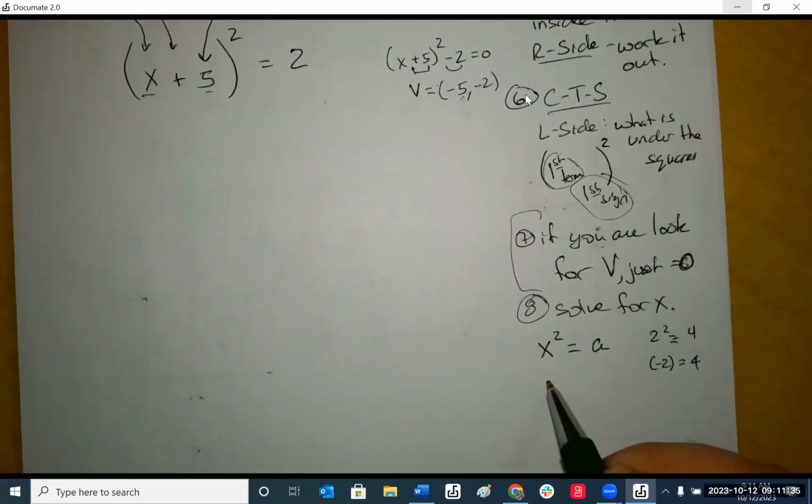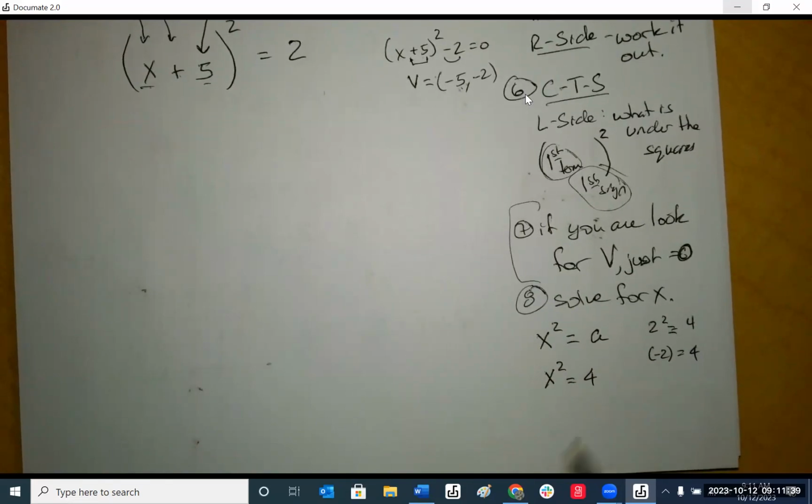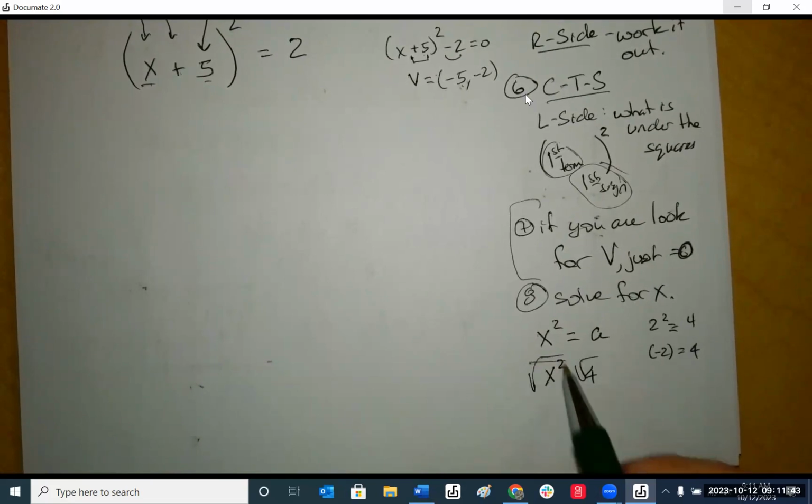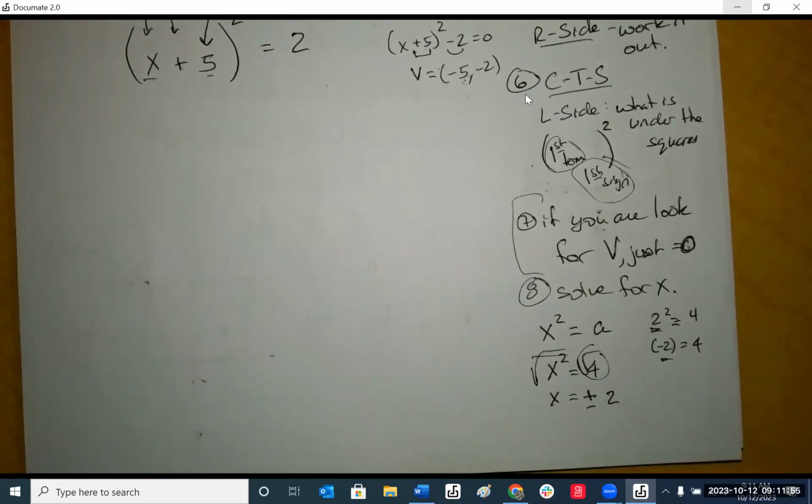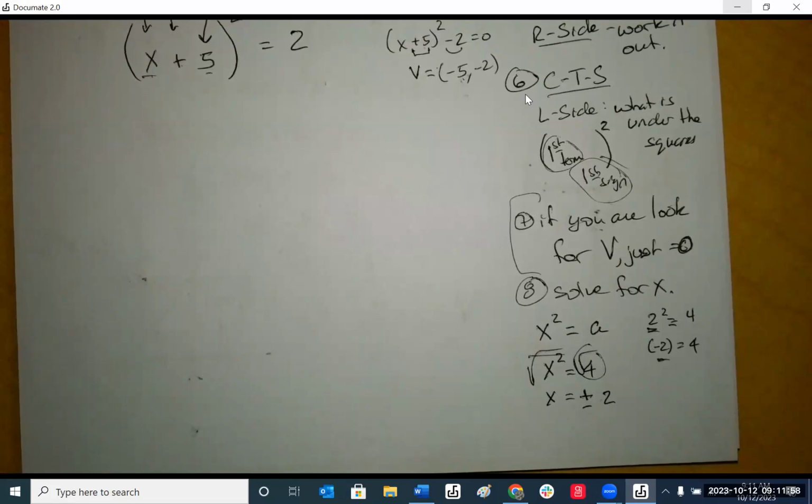So if I have x squared equals 4, and I square root both sides, this answer can be positive or negative 2, because both of these gave me the same answer. That's called the principle of radicals. Whenever you square root something that's squared, you put a plus or minus in front of the answer.